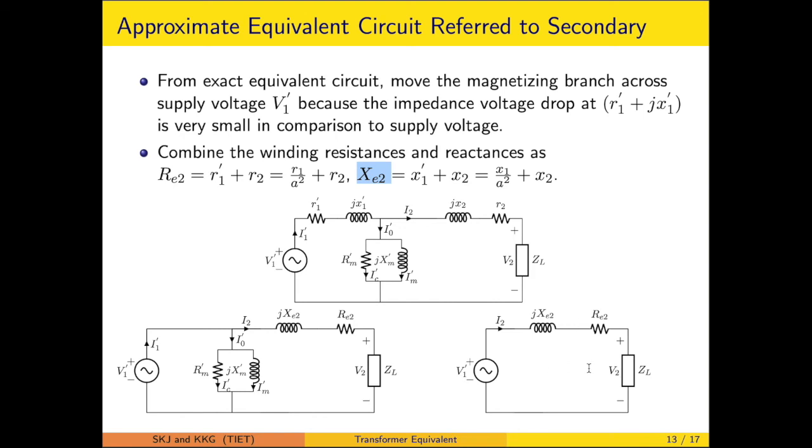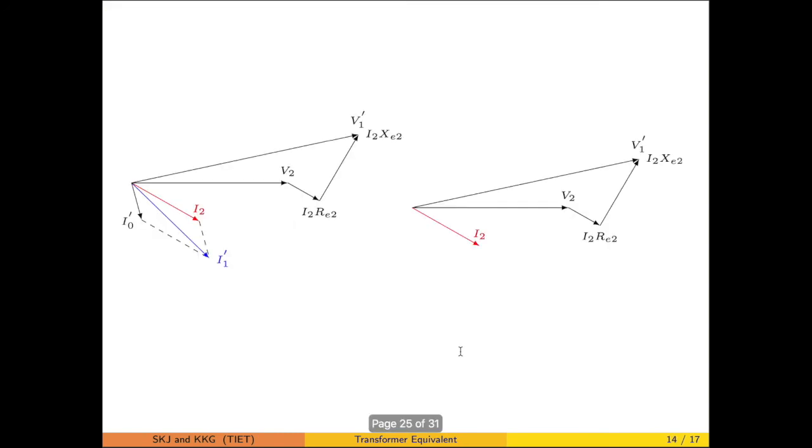So when the calculation is concerned, we can make the approximation likewise. The phasor diagrams are on analogous lines. Because of neglecting the magnetizing branch, I0 dash and I1 dash are not participating here. Basically I1 dash is equal to I2.